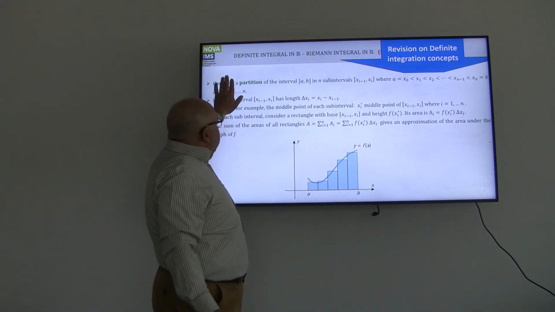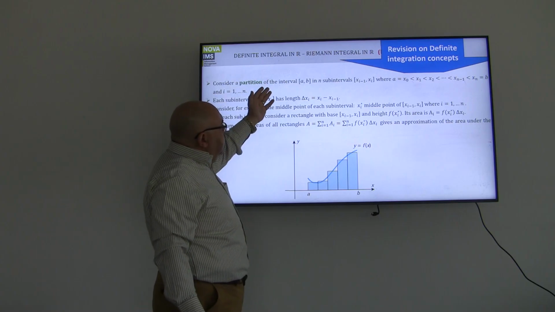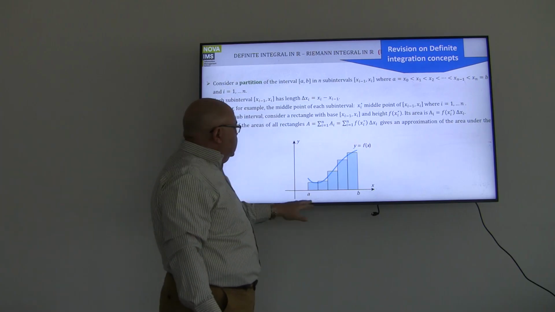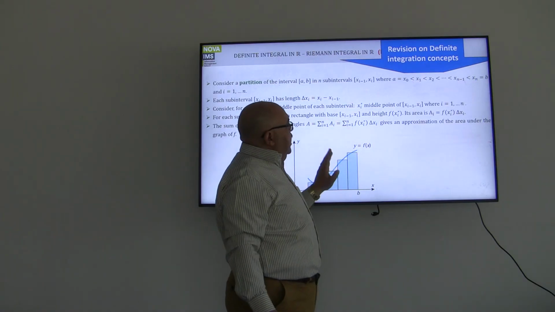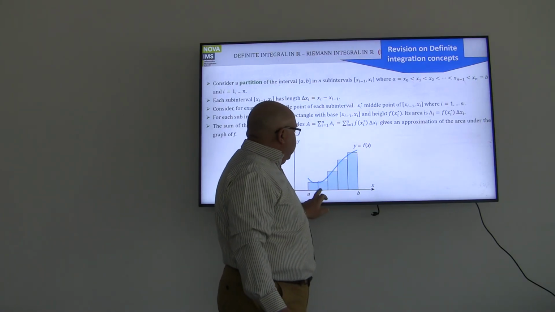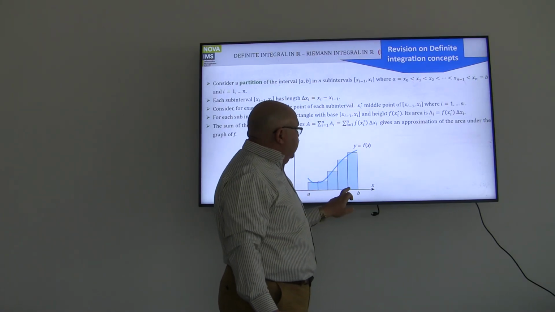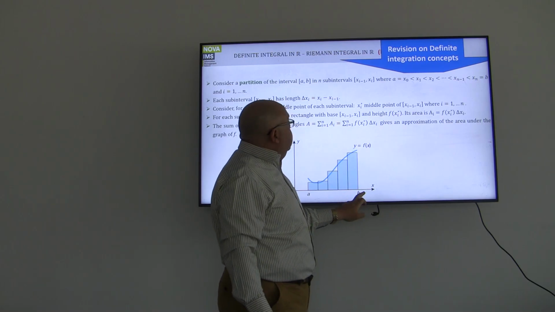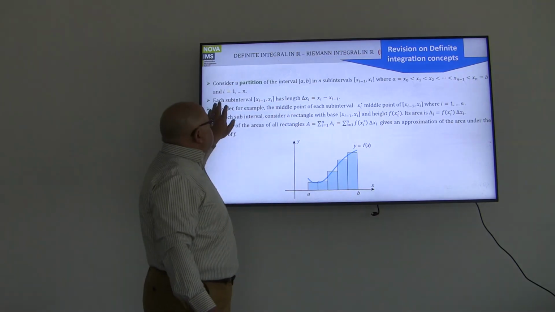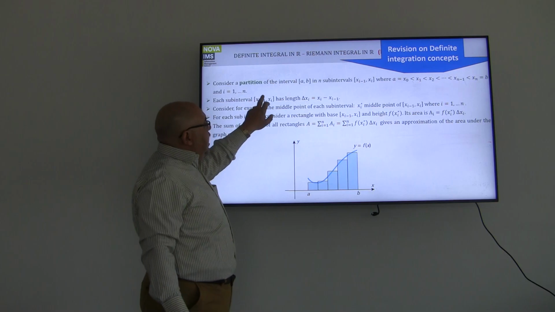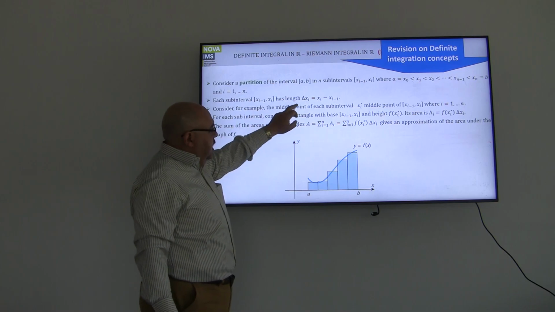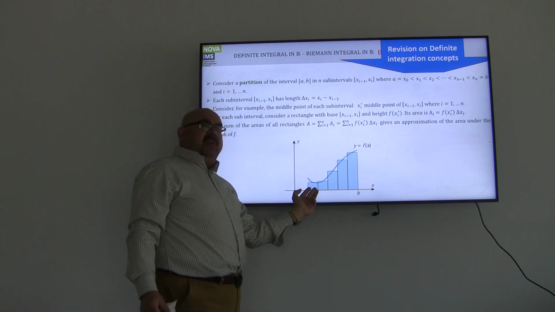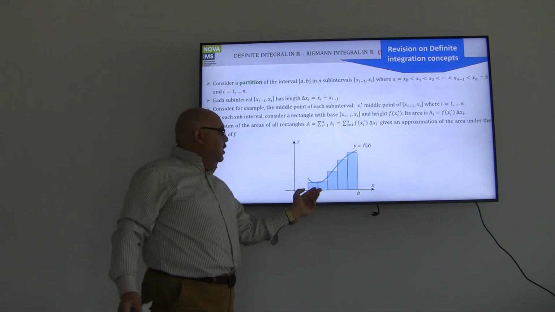So consider a partition of the interval ab into n subintervals, as we did, where a is x0, less than x1, less than x2, less than x3, less than x4, and so on till you reach b. The next step, each subinterval has a length of delta xi, so that's delta x1, delta x2, and so on.